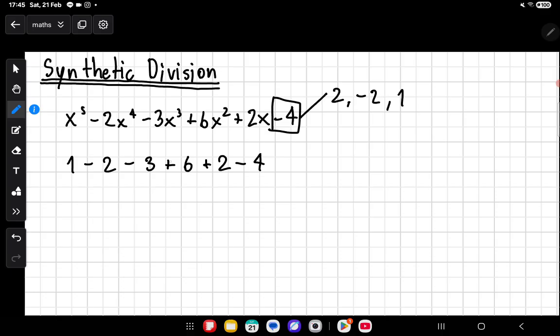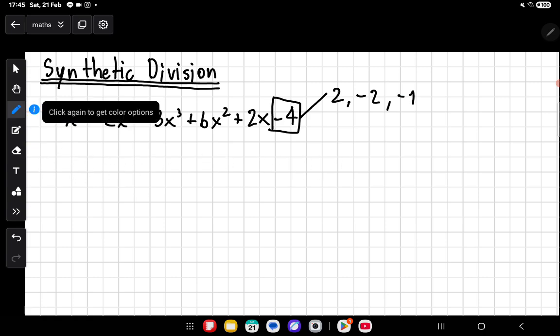Negative 5 plus 6 is 1. 1 plus 2 is 3. 3 minus 4 comes out as negative 1, not 0. So we need to find what makes it 0. Negative 1? Let's try that.